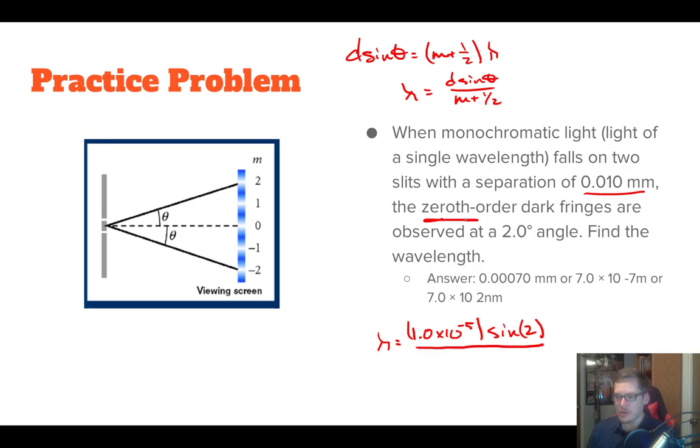We're at the 0th order dark fringe, so m is 0, so it would be 0 plus 1/2. Plug that into your calculator, and you should get something like 6.998 times 10 to the minus 7th. With 2 sig figs, we'd get 7.0 times 10 to the minus 7th meters, or about 700 nanometers.